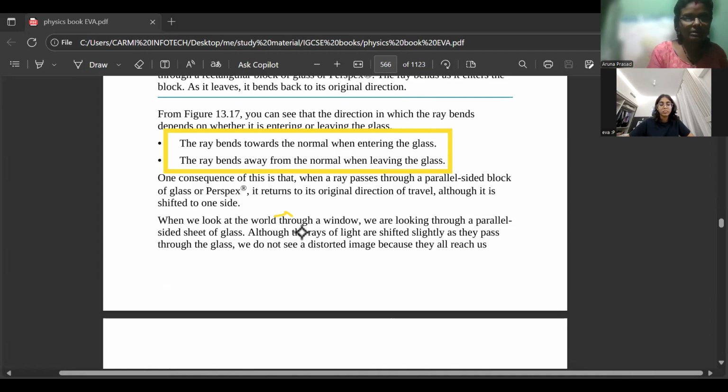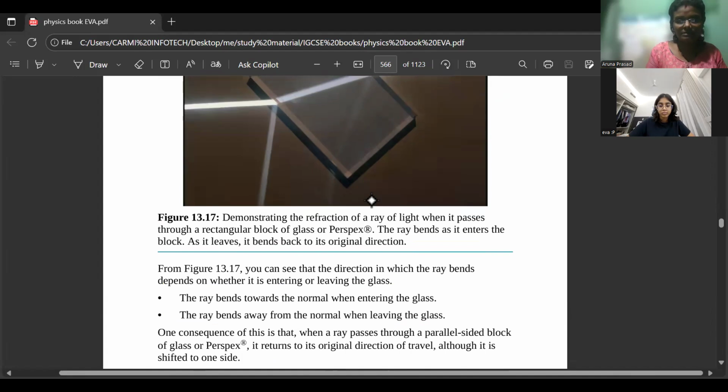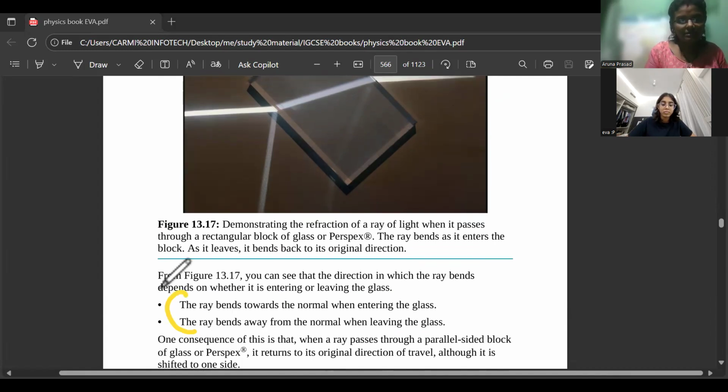Read it carefully and then you will explain it in the given picture. One consequence of this is that when a ray of light passes through a parallel-sided block of glass or perspex, perspex is just a brand which manufactures good glass slabs.